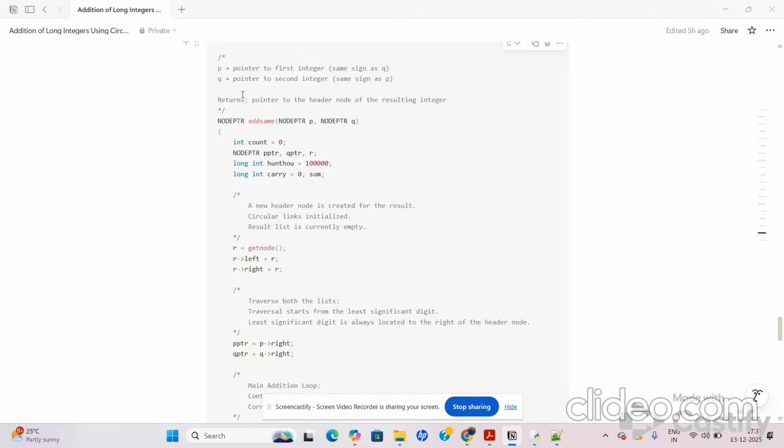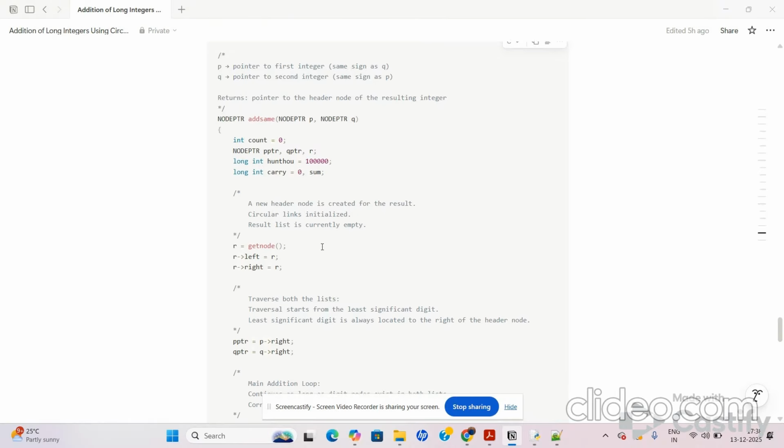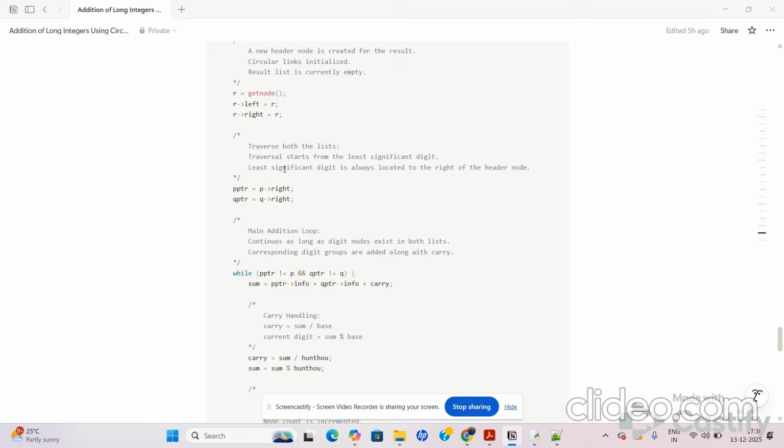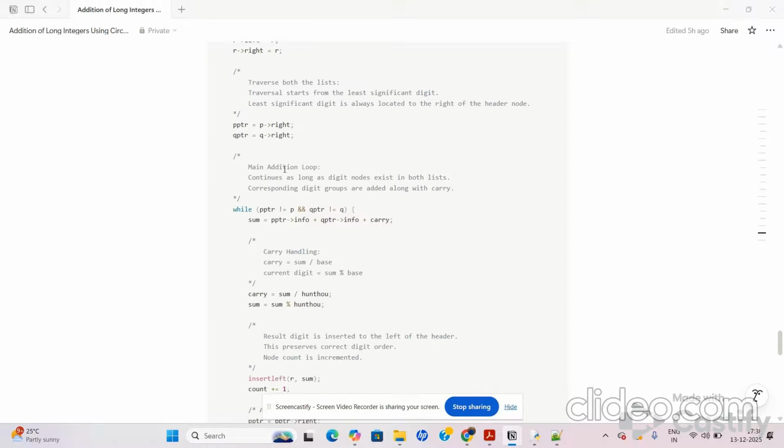So a quick walkthrough of this function is like this. Again, you have two pointers, p and q, to represent the first and second integer respectively, and this function also returns the pointer to the header node of the resulting integer. And here also you create a result node, and you initialize it, and you traverse to the right side, that is you start with the least significant digits.